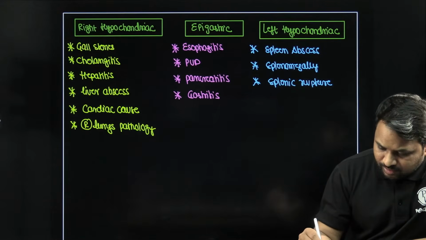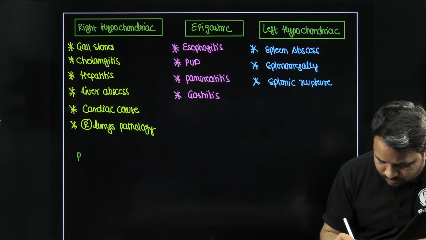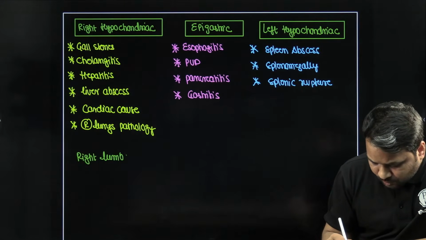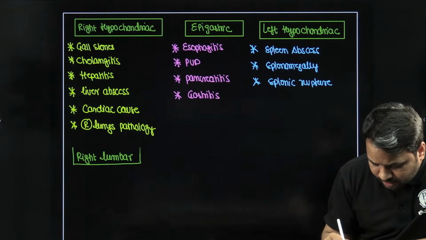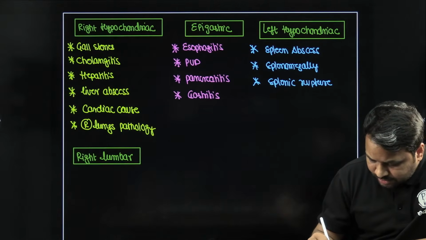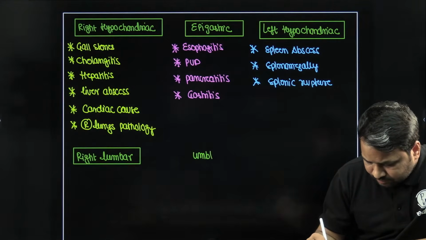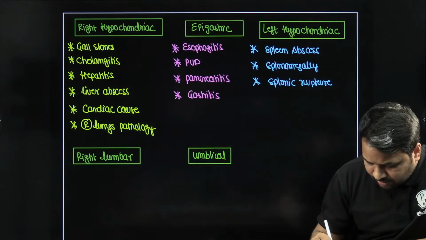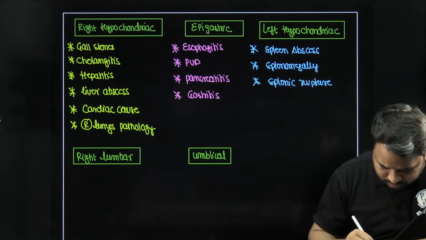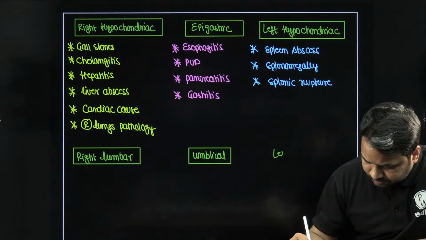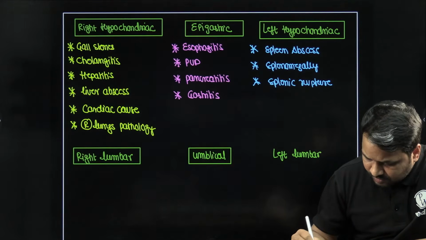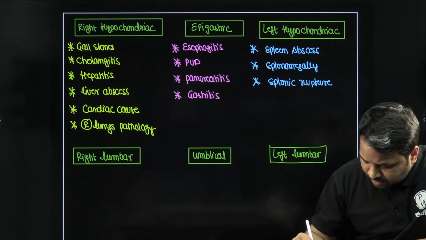Next comes the right lumbar. We had the right lumbar region, umbilical region, and the left lumbar region.